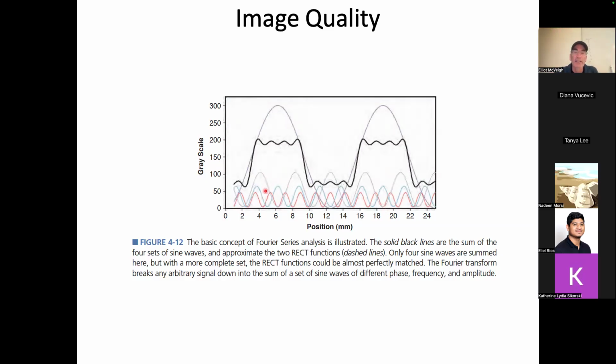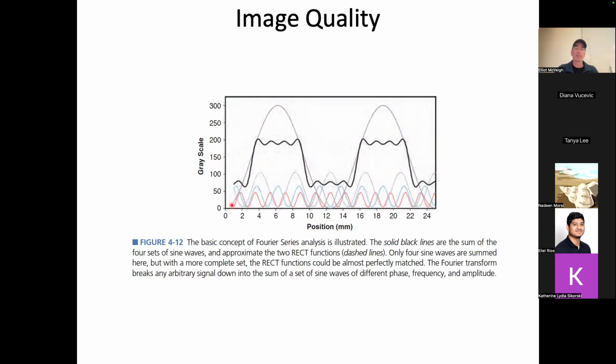The blue one is next, and it starts here at the peak. We have 1, 2, 3, 4, 5 wavelengths across there. And then the little one goes back to negative, and we have 1, 2, 3, 4, 5, 6, 7. So we have 1, 3, 5, and 7 are the frequencies of the sine waves that are added up, and their relative amplitudes are given by those heights.